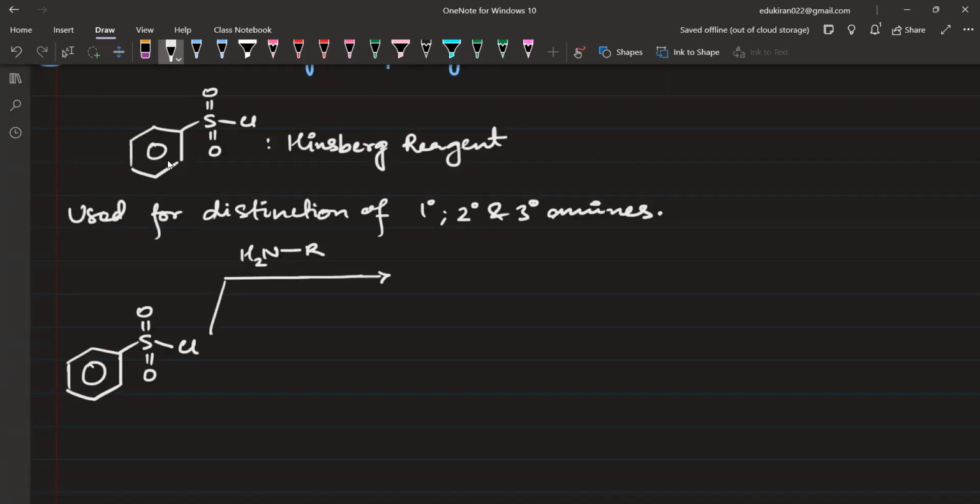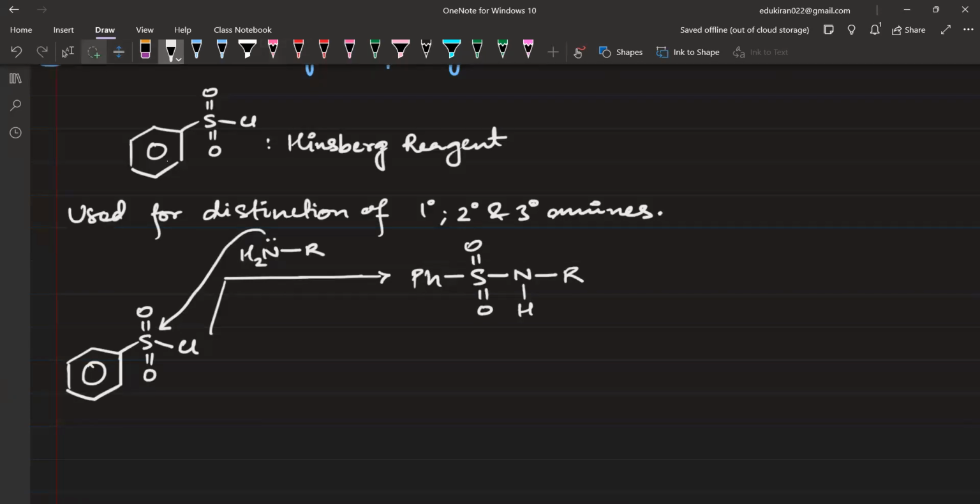Now what will be remaining? See, benzene ring I am writing as Ph, bonded to sulfur as it is, double bond O, double bond O. Further, a bond between sulfur and nitrogen will form, like the bond between carbonyl carbon and nitrogen forms. Sulfur and nitrogen will have a bond, one hydrogen is being removed. Basically this nitrogen atom is going to attack sulfur, and chlorine and hydrogen will leave. So nitrogen is attached, and along with it there will be one hydrogen atom, which will have a further bond with the alkyl group, the R group.